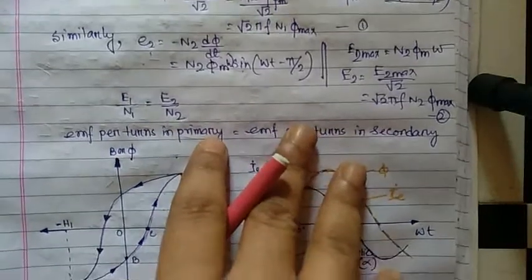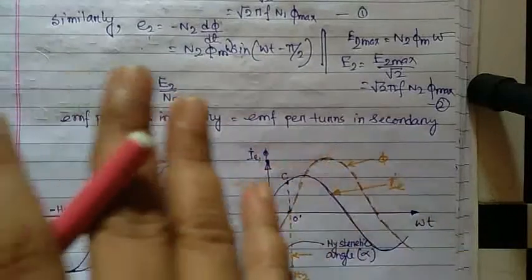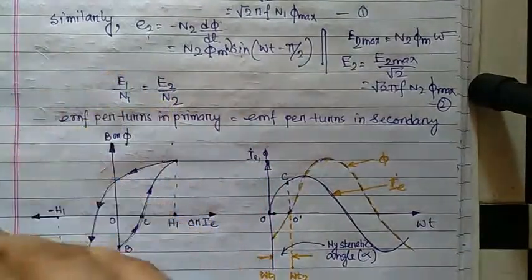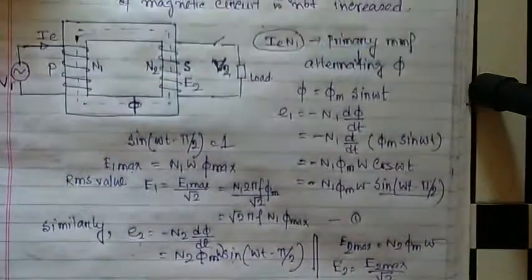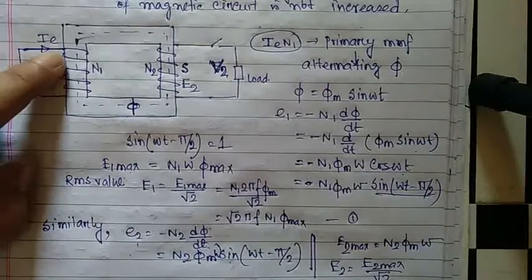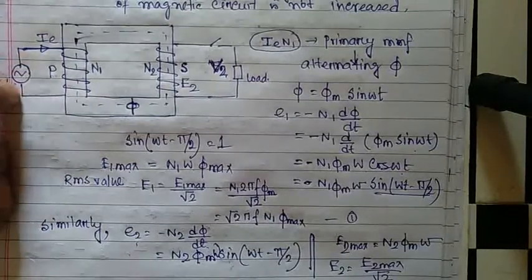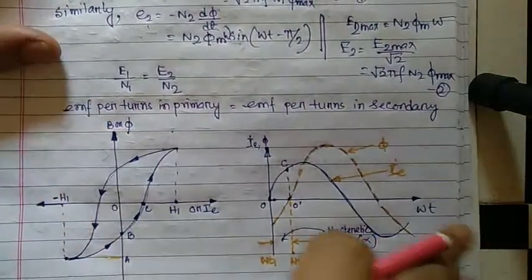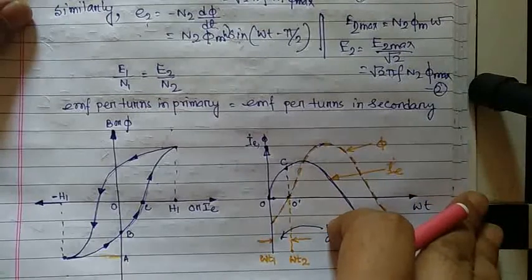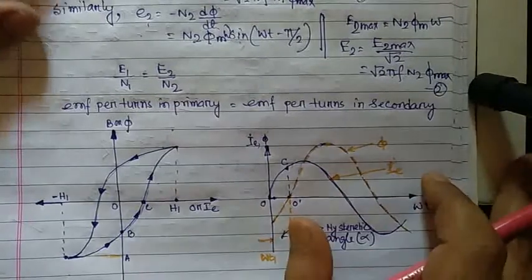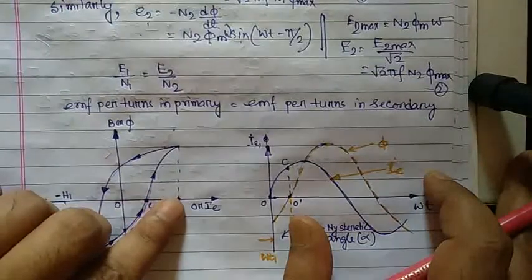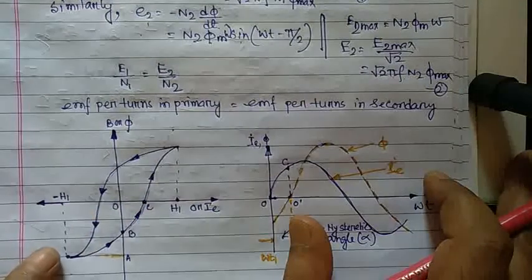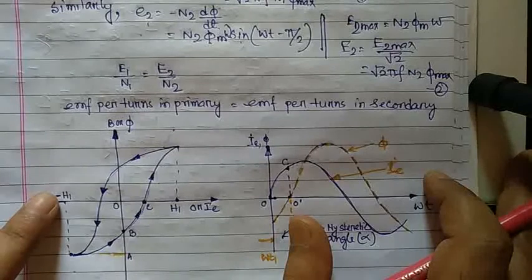Now, as the current in the primary is alternating in nature, as we are connecting the alternating source in the primary, the magnetic force H cycles from the positive value H1 to the corresponding negative value, minus H1.